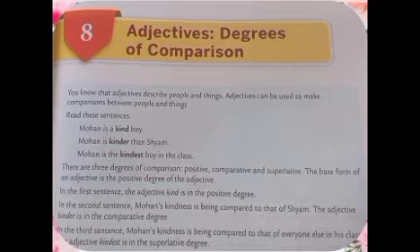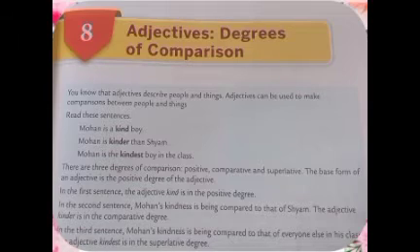It is in the comparative degree of adjective. Next, what is the rule for the superlative degree then? See, the superlative degree of adjective compares more than 2 persons, animals or things.